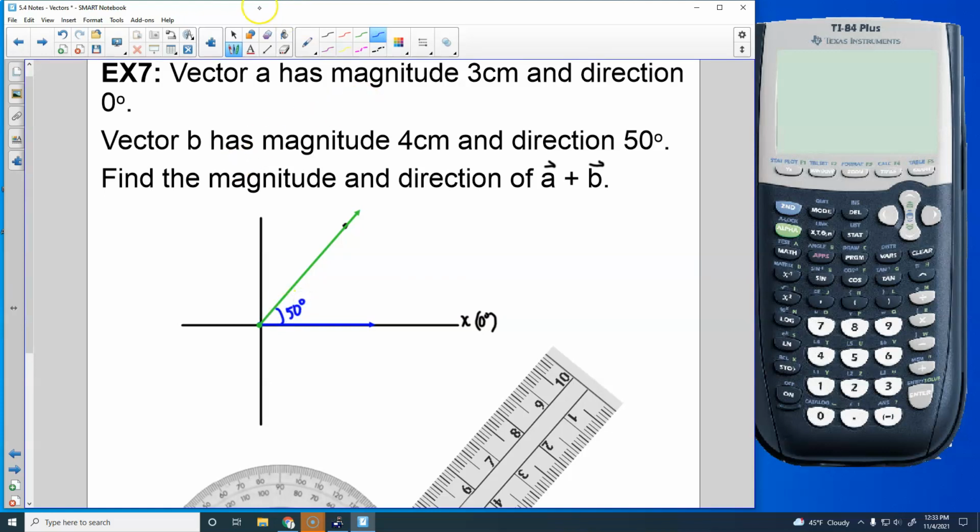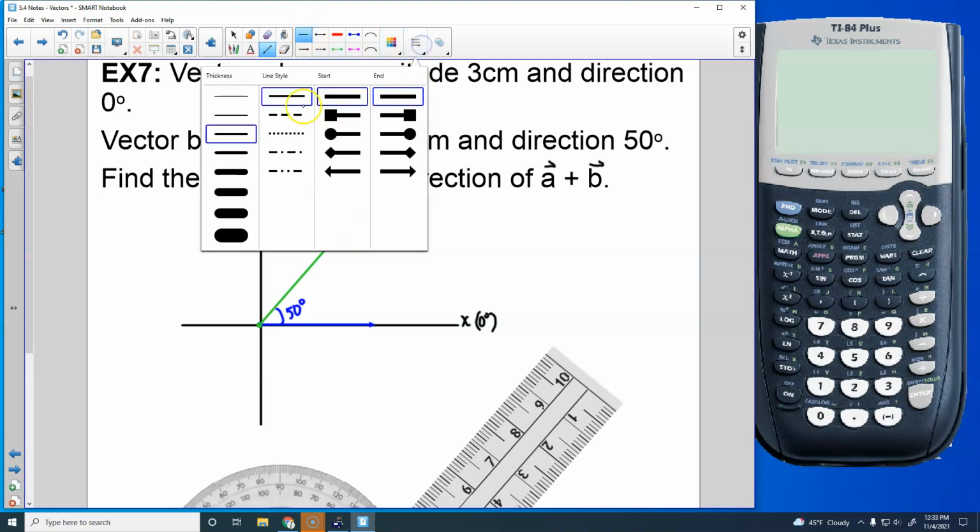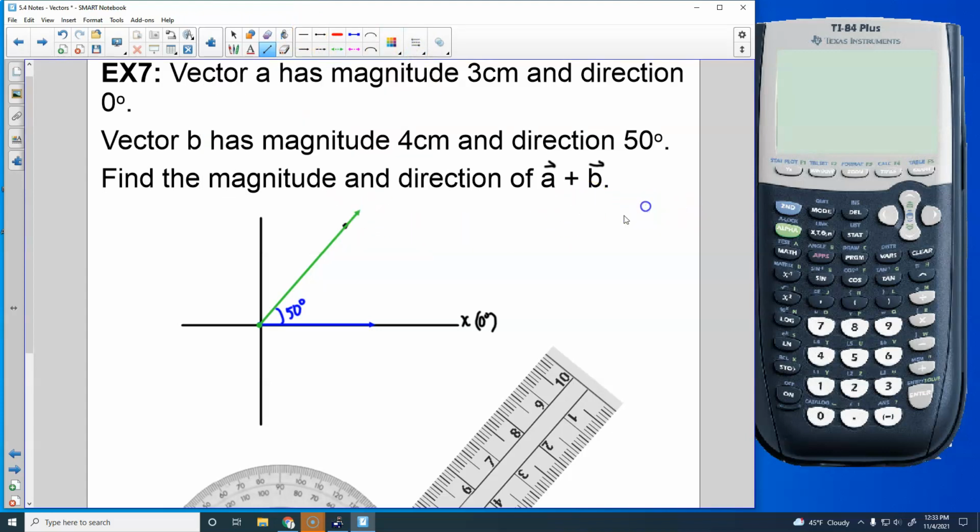And so what I've got to do now is I want to draw in some dotted lines that make this a parallelogram. So it'd be a line like this, and then a line pretty much like that.